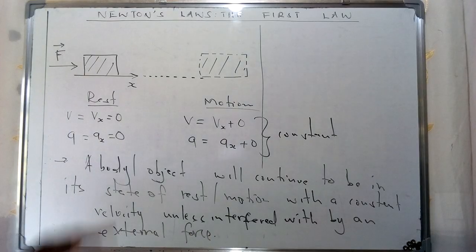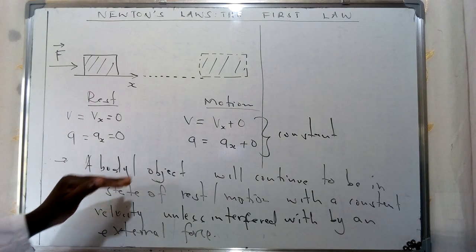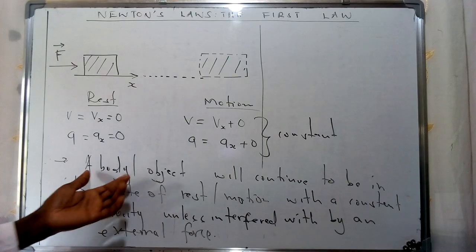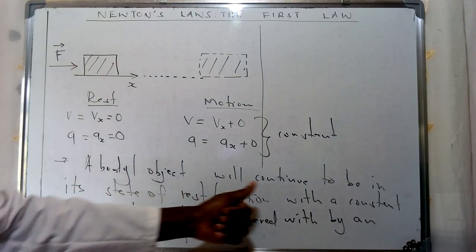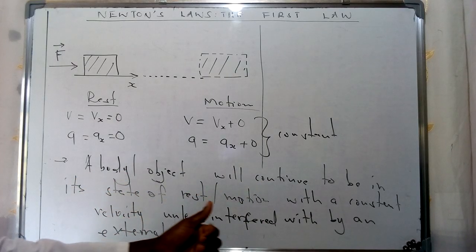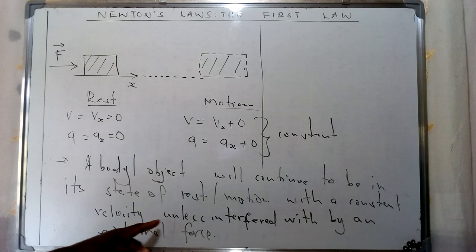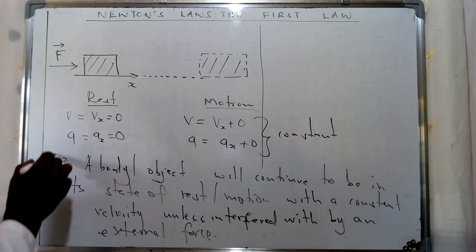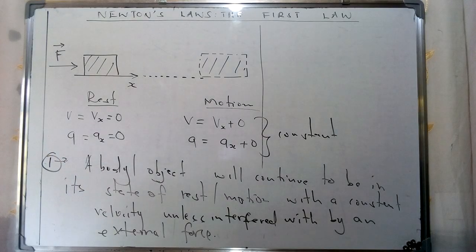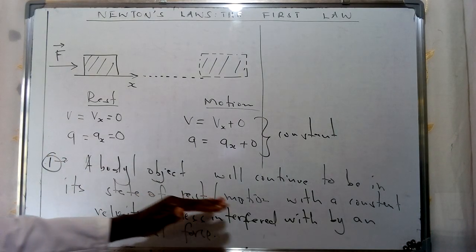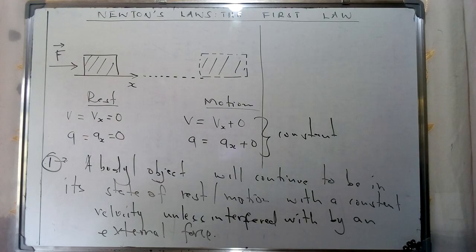So this gives a summary of basically Newton's first law of motion, which states that a body or an object will continue to be in its state of rest or motion with a constant velocity unless interfered with by an external force. And this forms Newton's first law of motion, which we're going to come across in our various discussions of objects and the concept of motion, especially in classical mechanics.